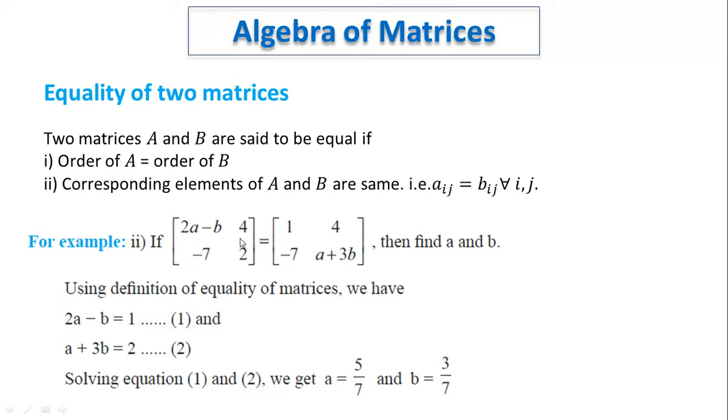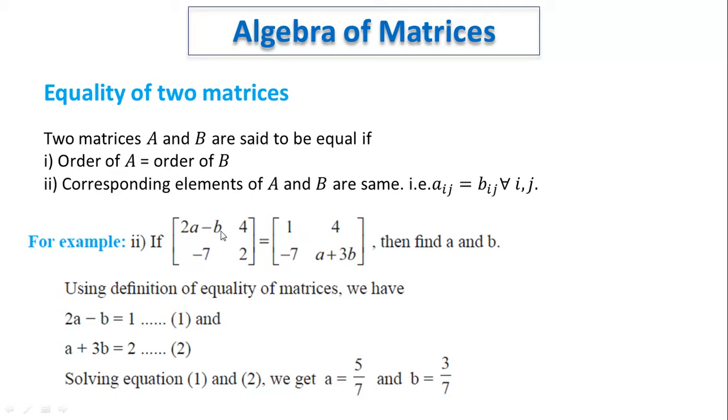This is a 2 by 2 matrix and it is equal to this matrix 1, 4, minus 7 and a plus 3b. Order of both the matrices is the same, 2 by 2, and by the definition of equality of two matrices, the corresponding elements must be the same.